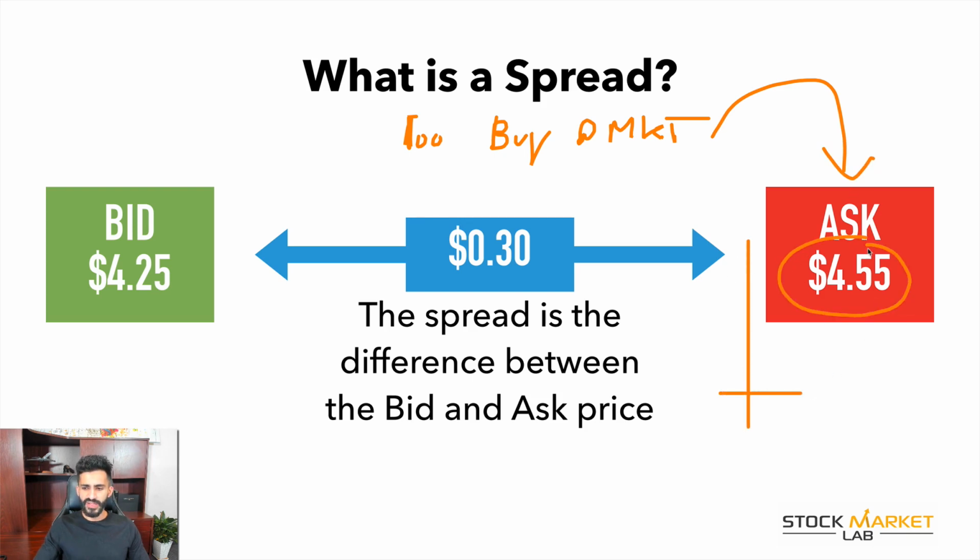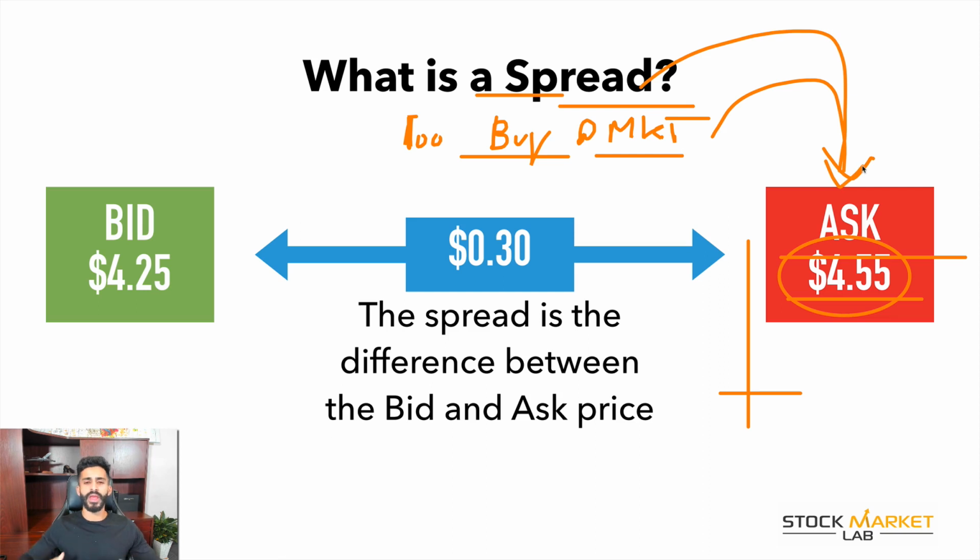That's because that's where the sellers are looking to sell. So if the sellers are looking to sell at $4.55 and I want to buy 100 shares at market order, I'm going to pay $4.55 or maybe even more because I'm using a market order, right? So understanding the spread, once again, is important because you want to know where the buyers and sellers are and how wide or how tight the spread is.